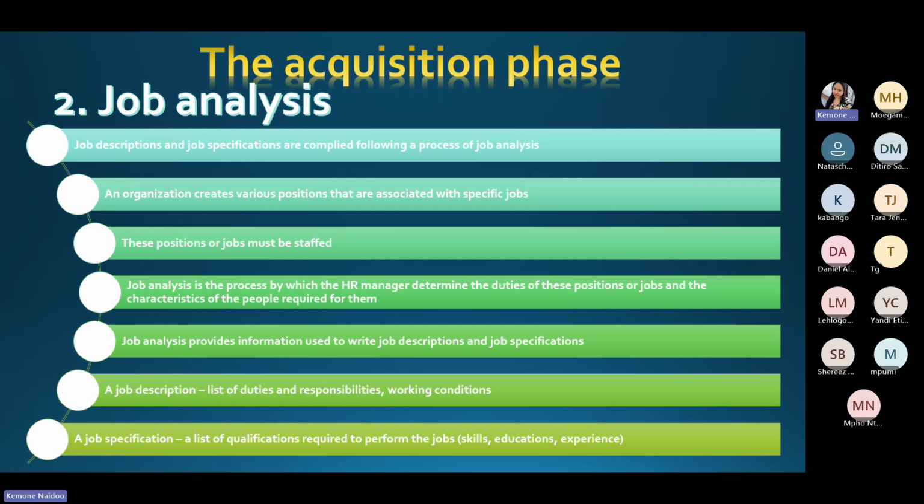A job specification gets more specific in terms of qualifications, the educational background, the experience that is needed, the training that's needed, the skills that are needed. When you look at job ads on LinkedIn, or posts on social media, a job specification is usually stated.